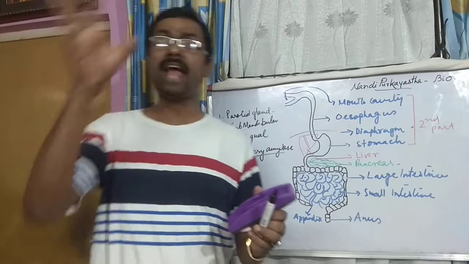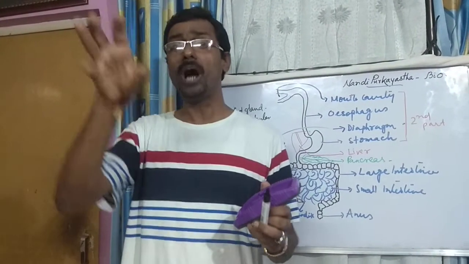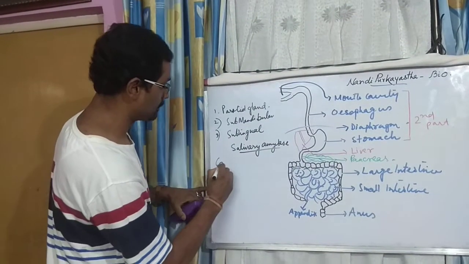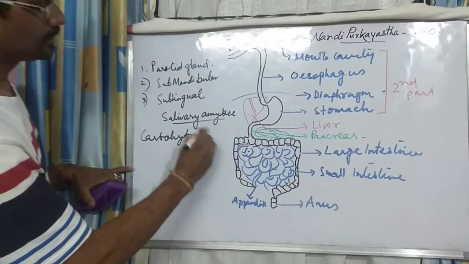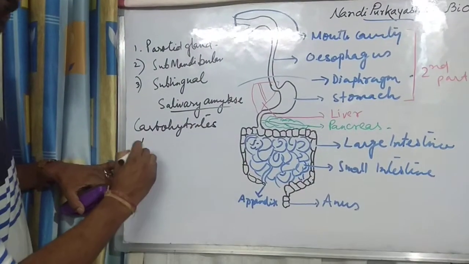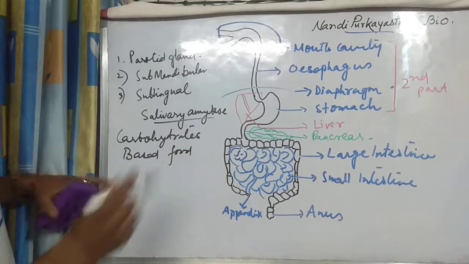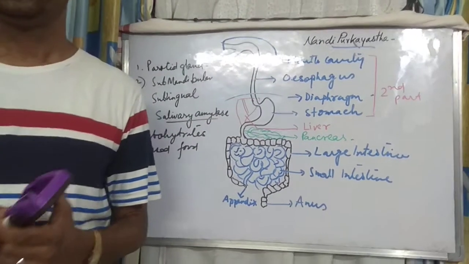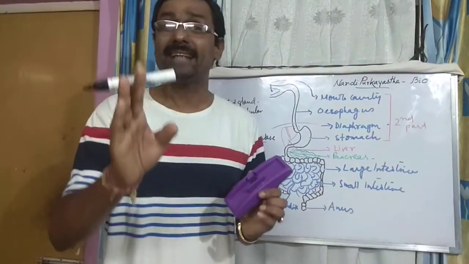Salivary amylase acts on the food that we have taken. So for carbohydrate-based food, digestion starts in the mouth. Is it okay to you? So what is digested in the mouth?